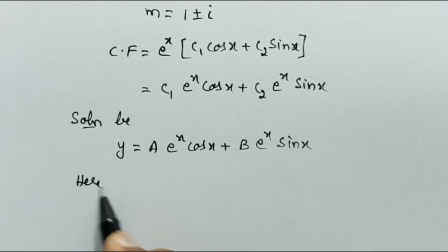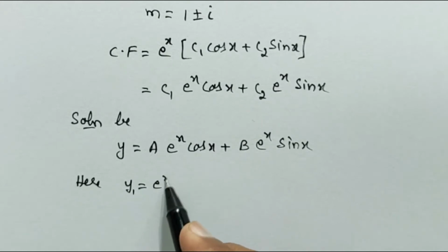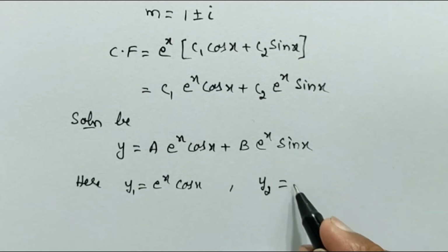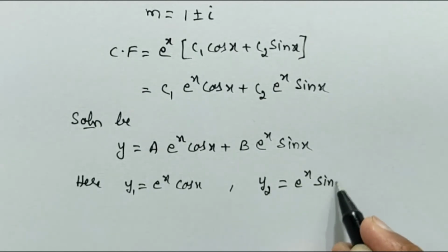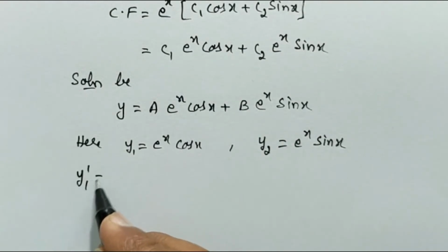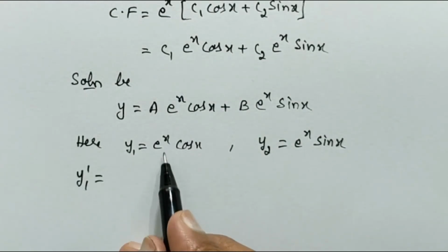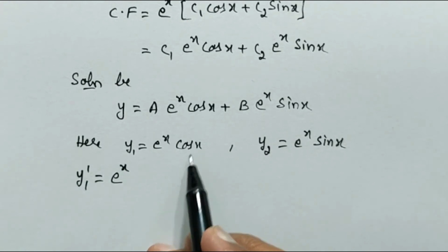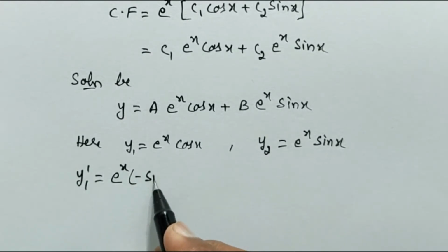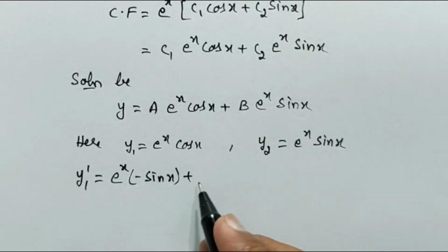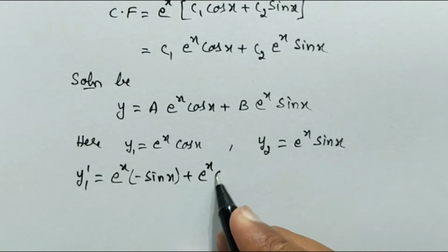Here your value of y1 is e power of x into cos of x, and y2 is e power of x into sin of x. Let us differentiate this. For y1 dash, use the product rule: e power of x as it is, differentiation of cos is minus sine of x, plus keeping cos x as it is, differentiation of e power of x is e power of x itself.